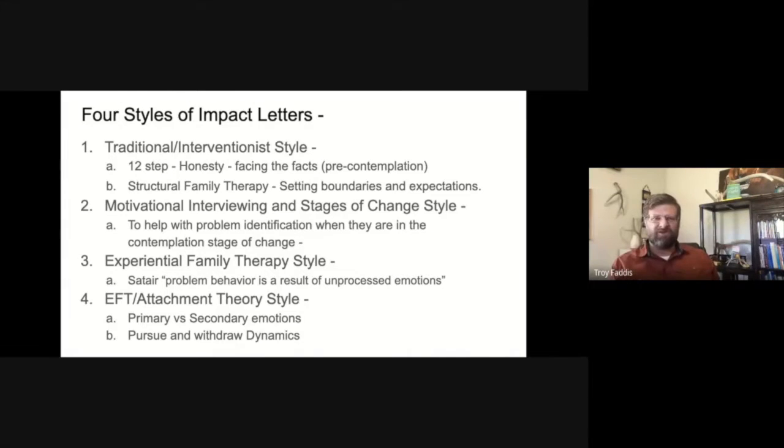So the other style is an EFT, which is emotionally focused therapy, or an attachment theory style of impact letter. And it's been mentioned before that a lot of our clients are consequence resistant. And a lot of the reasons why they're consequence resistant has something to do with the style of insecure attachment that they have with other people.